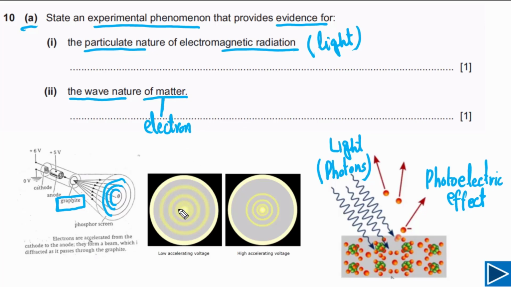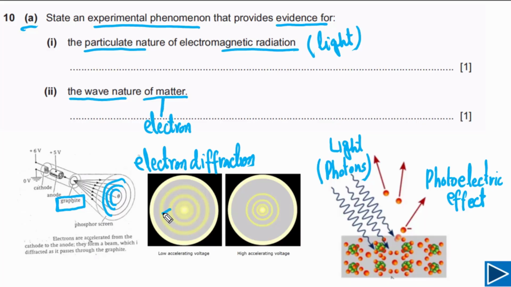So that is evidence of the wave nature of the electron, or the wave nature of matter. This is called electron diffraction. So simply we can say this is electron diffraction, and this is evidence of the wave nature of matter. Sometimes we call them matter waves.